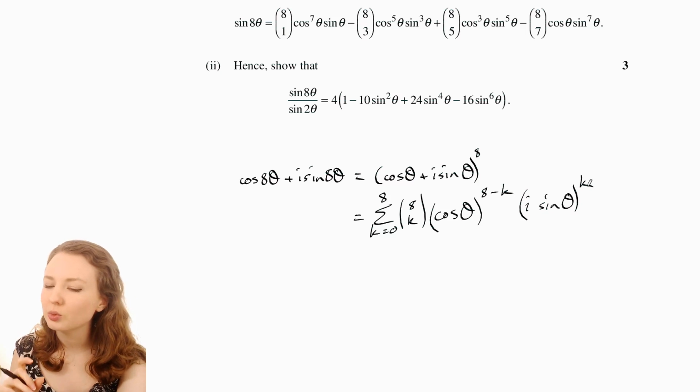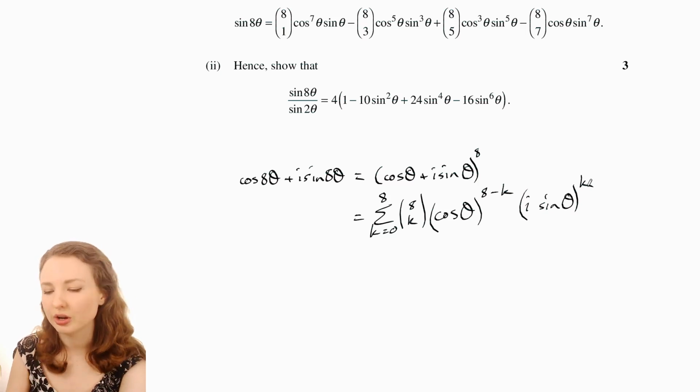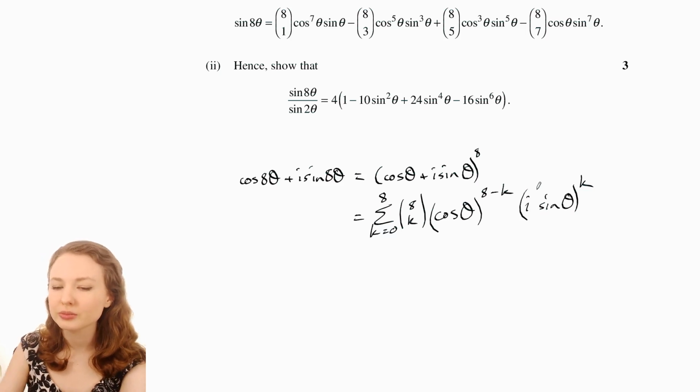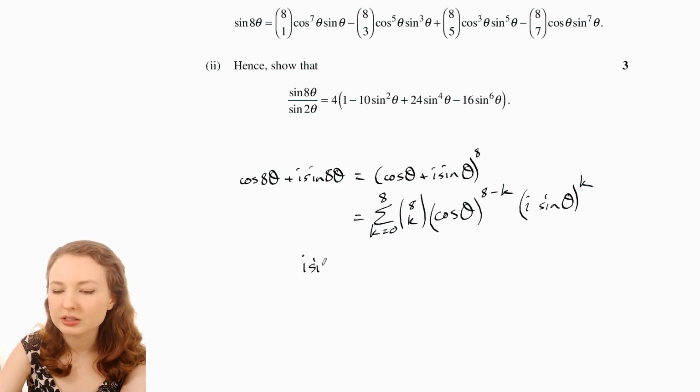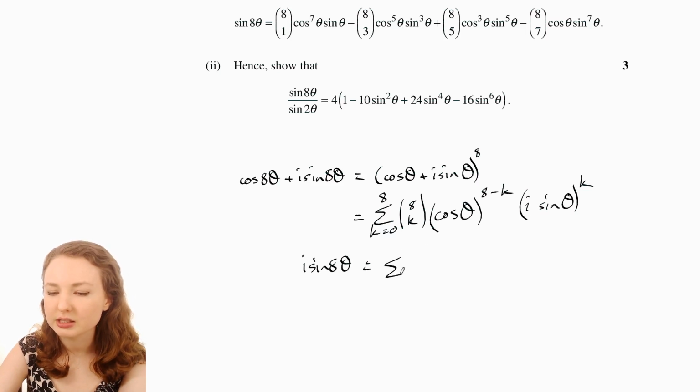So we're only interested in the odd terms, because that's when we're going to get an i in there somewhere. So you can say i sine 8 theta is the sum from k equals 0 to 8, where k is odd, so just restricted to the odd terms.